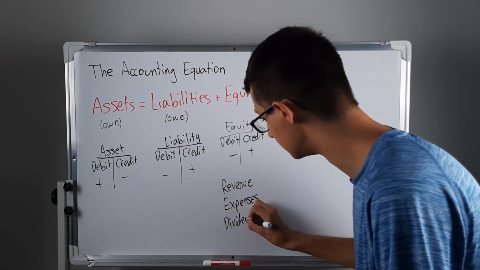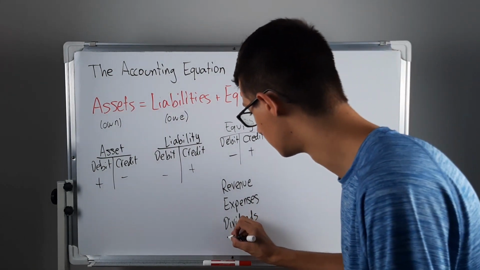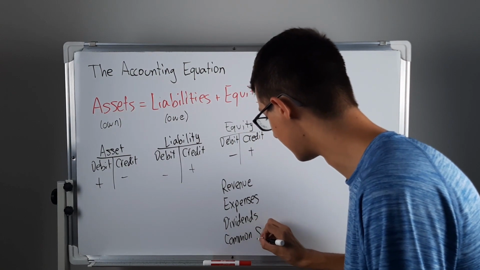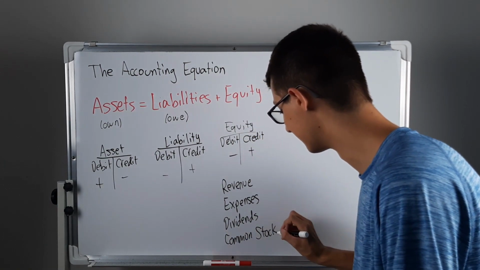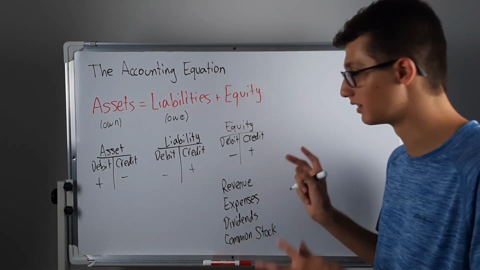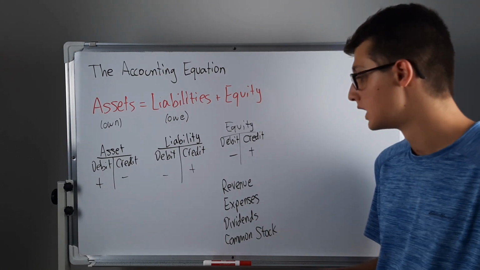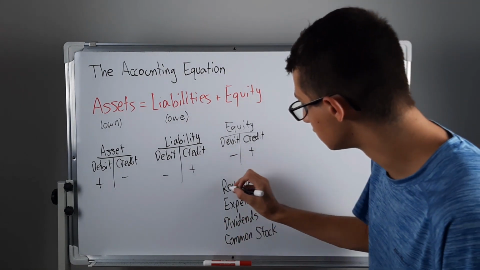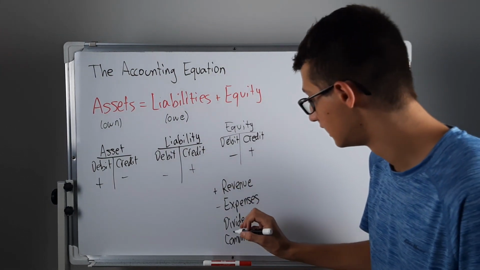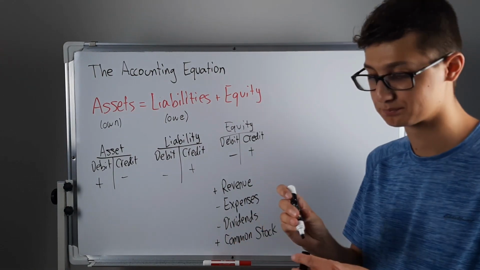Dividends are basically the payments to stockholders, and then common stock, or any other form of stock, is basically like the stock shares. You don't have to worry about the specifics of these, I'm just giving some examples. So revenue increases equity, expenses decrease equity, dividends decrease equity, and common stock increases equity.